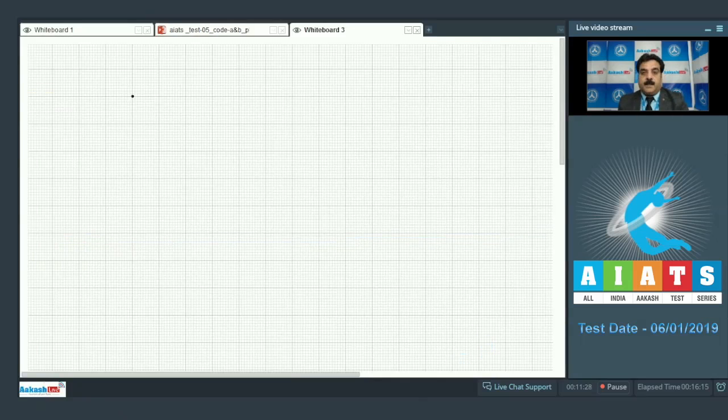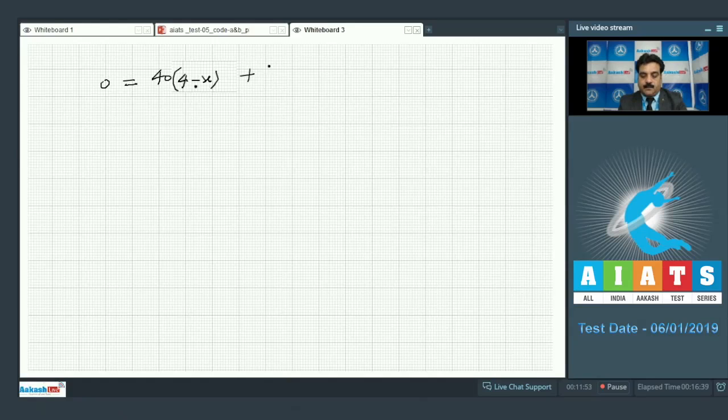As I said, there is no external force. The change in position of the center of mass will be 0. The position of the center of mass is not going to change, so we write 0. And I am going to put the values. Mass of A is 40, displacement is, as I said, 4 minus x. Mass of B is 60, displacement minus (4 plus x).